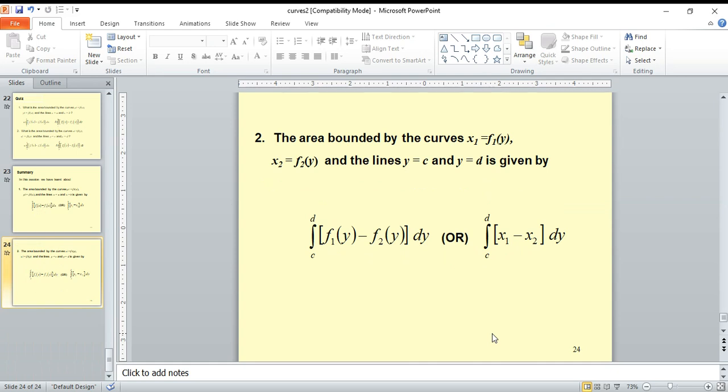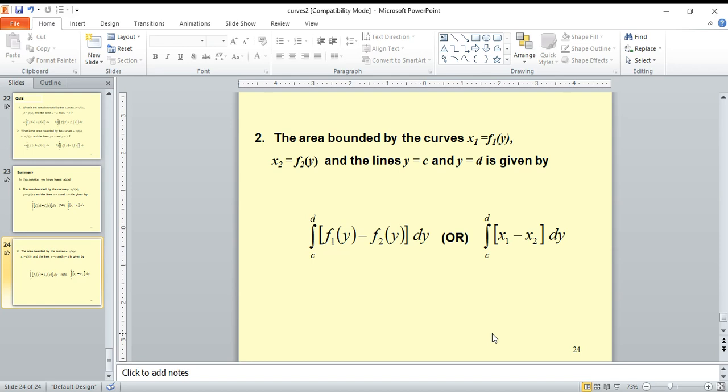And the second one is the area bounded by the curves x1 equal to f1 of y and x2 equal to f2 of y and the lines y equal to c and y equal to d, given by integration c to d of f1 of y minus f2 of y dy, or integration c to d of x1 minus x2 dy.